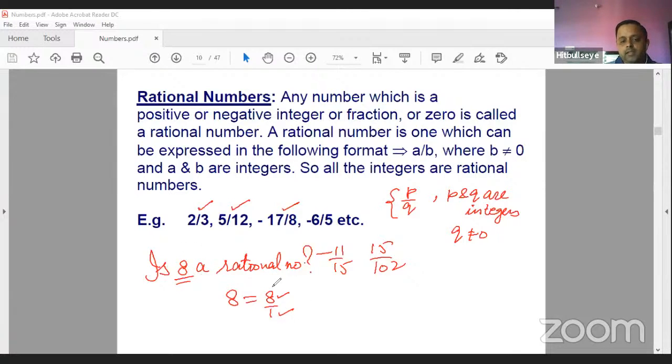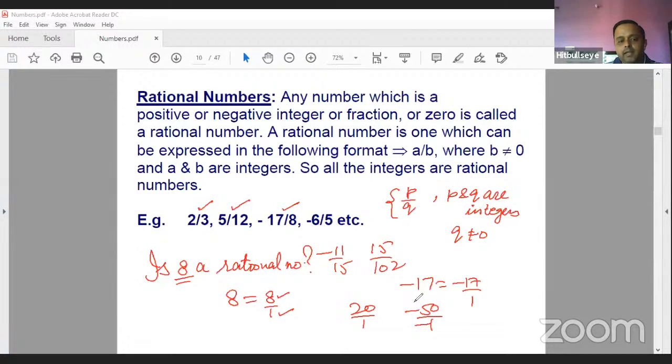So if 8 is a rational number, that means all the other natural numbers will also be rational numbers. As in the case of negative integers, minus 17 can be written as minus 17 upon 1. So this is again a rational number, right? That simply means that every integer is also a rational number. You take any integer, 20 is 20 over 1, minus 50 is minus 50 over 1.